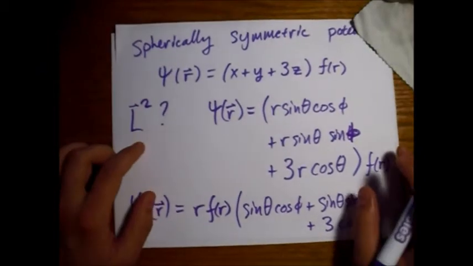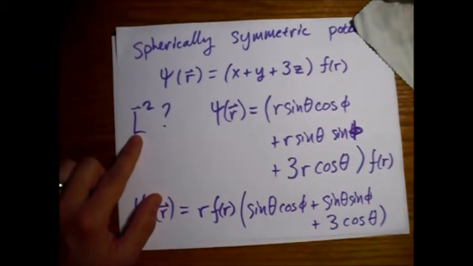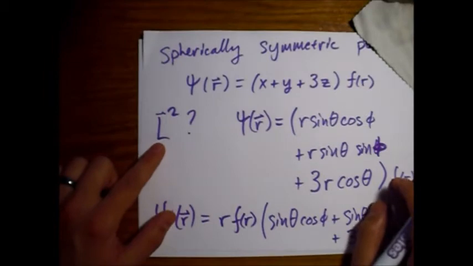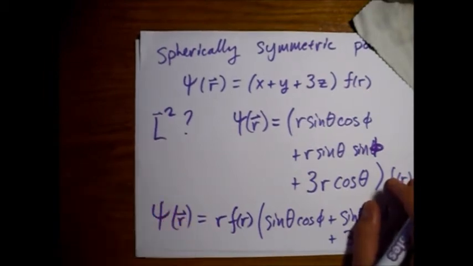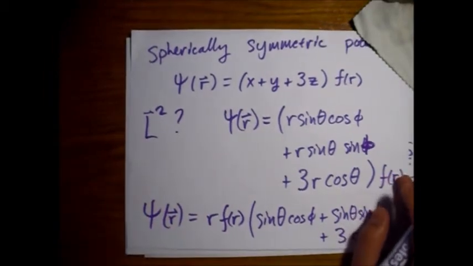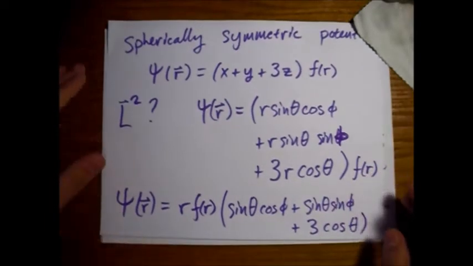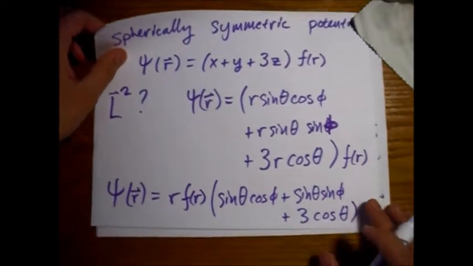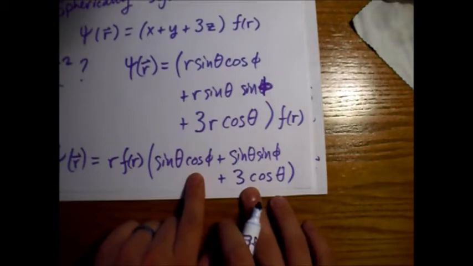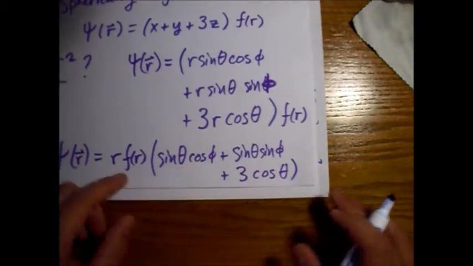Since we're looking at the operator big L squared, and the eigenfunctions of this are the spherical harmonics, we will now express the angular part in terms of spherical harmonics.